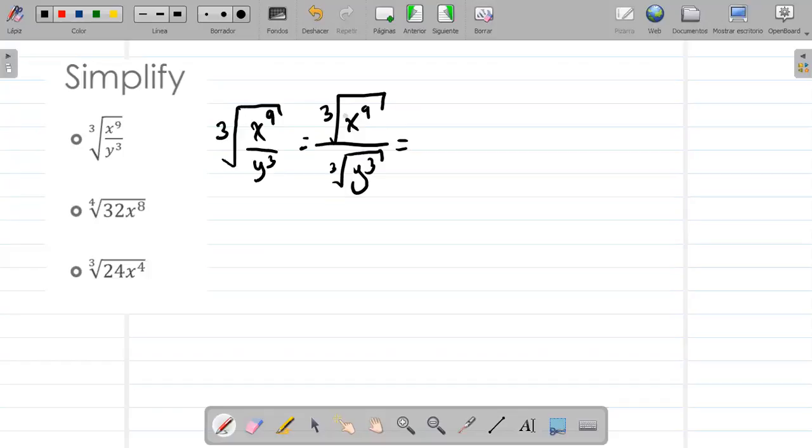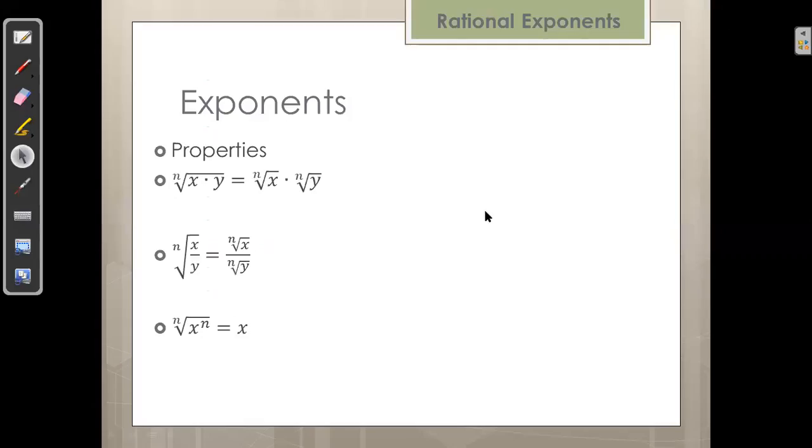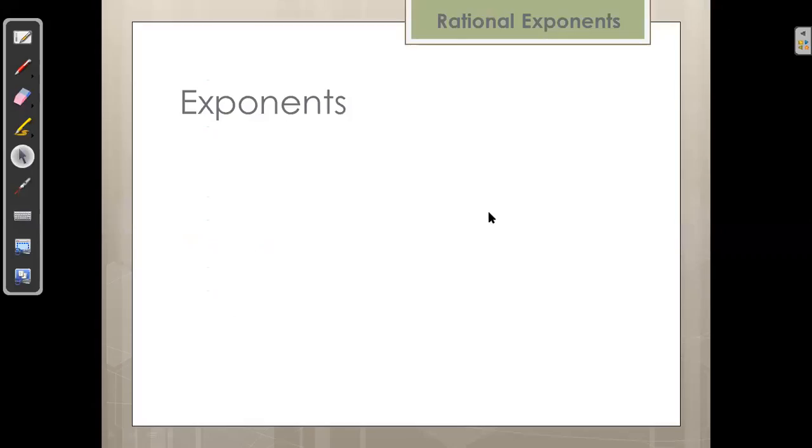Because this expression requires that you simplify. To simplify an expression, you must consider that this exponent has to be less than this index. So right now it's not simplified because that exponent is greater than that index.